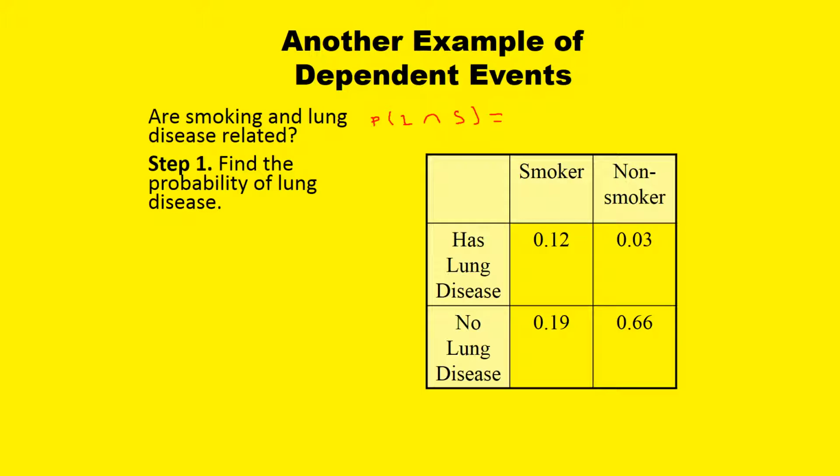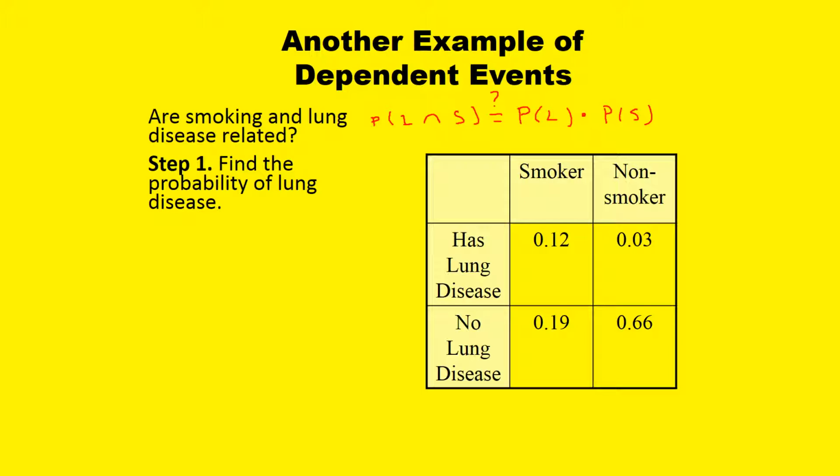Is that the same thing as the product of the simple probabilities, probability lung disease times probability smoking, right? If so, then we would say the events are independent. If not, not.